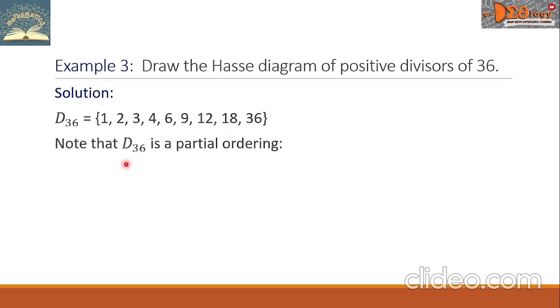Note that D sub 36 is a partial ordering, meaning it is reflexive: any element can divide itself. It is transitive: if 1 divides 2 and 2 divides 4, it means 1 divides 4. It is antisymmetric: if 2 divides 4, therefore 4 does not divide 2.